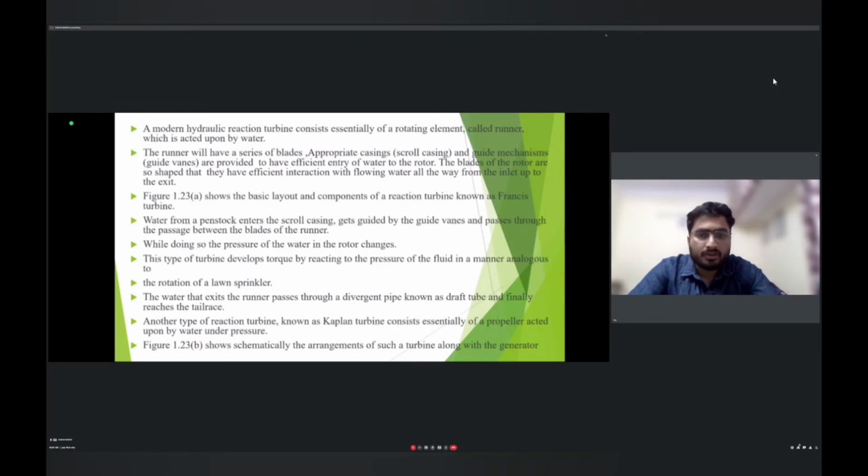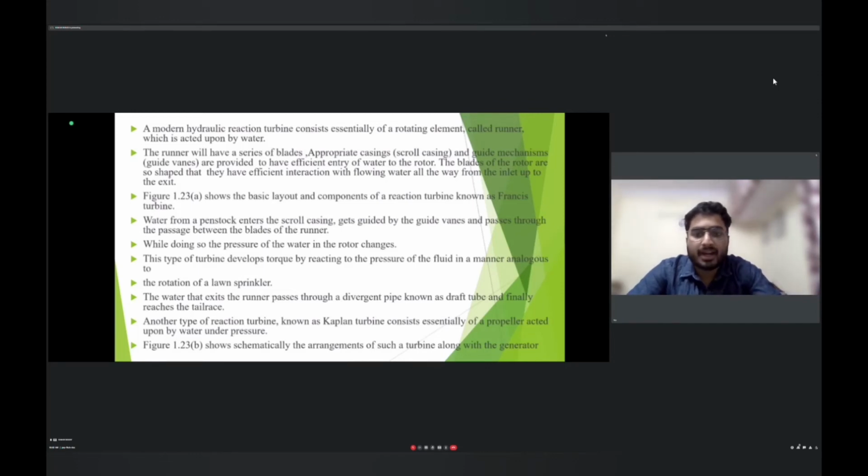Water from a penstock enters the scroll casing, gets guided by the guide vanes and passes through the passage between the blades of the runner. While doing so, the pressure of the water in the rotor changes. This type of turbine develops torque by reacting to the pressure of the fluid in a manner analogous to the rotation of a lawn sprinkler.